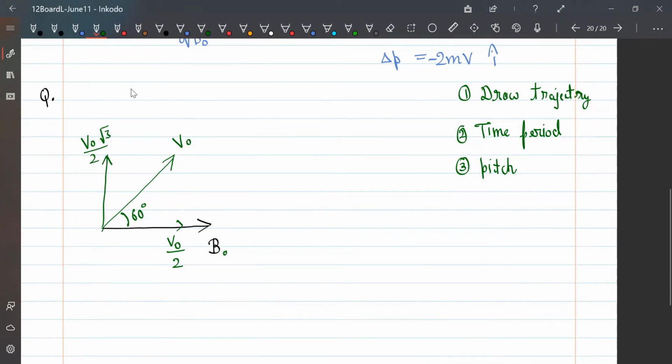So V naught root 3 by 2 is responsible for the circular motion. And V naught by 2 will be responsible for straight line motion. Combined together, they will form a helix. So the trajectory will be a helix. And force will be like this. So the helix will be forming like this.